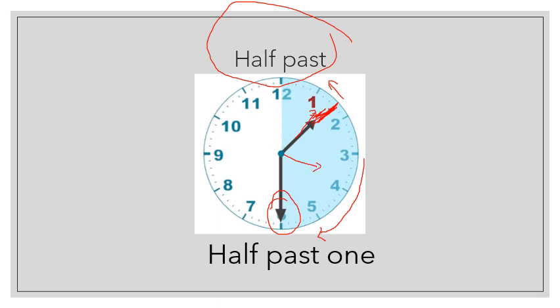Okay, so how are you going to say the time? Okay, so the time is 3:30. Kalau dia menunjukkan ke sini, jadi 3:30 sebab kita tengok pada nombor yang sebelumnya. Okay, faham kan?